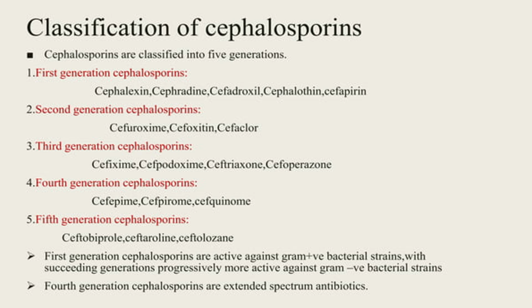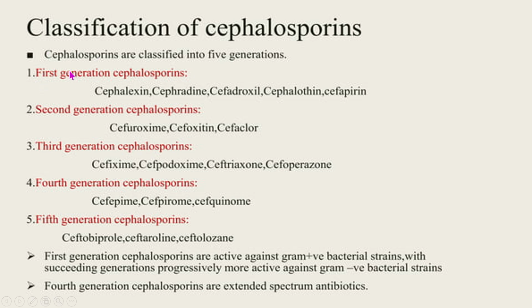Now on what basis are they classified by generation? Whether the cephalosporin is active against gram positive or gram negative microorganisms; depending upon that, they are further classified from 1st generation to the 5th generation cephalosporins. And there are various examples coming under the category of 1st, 2nd, 3rd, 4th and 5th generation.